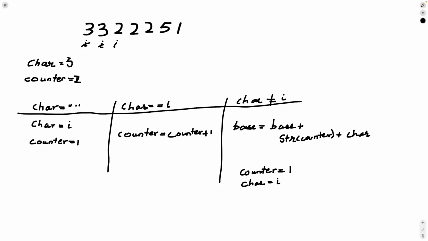So in this case, initially when I start, my base will be nothing. But when I come to this condition, when I see a new character which is 2, then I'm going to store my base, which is nothing, plus I'm going to concatenate the string of counter, which is 2, and 3.